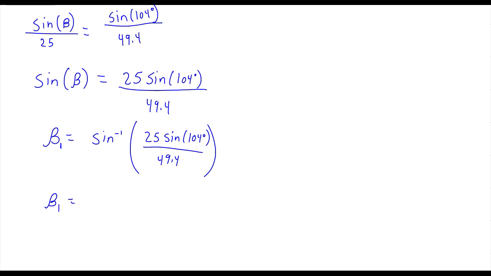So inverse sine, fraction button, 25 times sine 104, close parentheses, over 49.4. I'm going to include some extra digits, so I'll put 49.412, close parentheses, and I get 29.4 degrees.